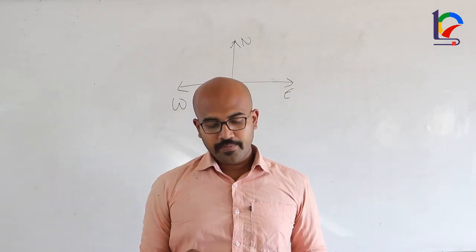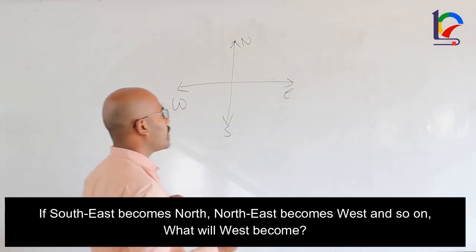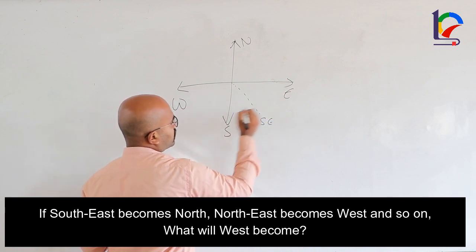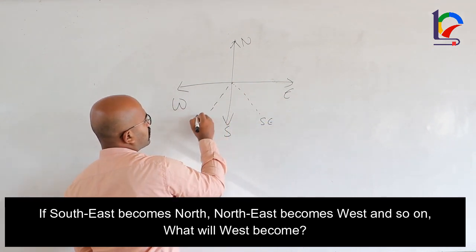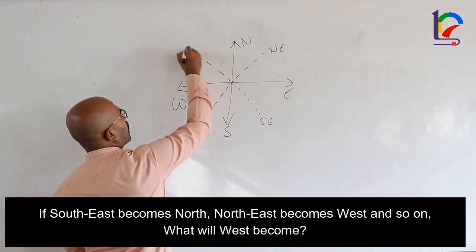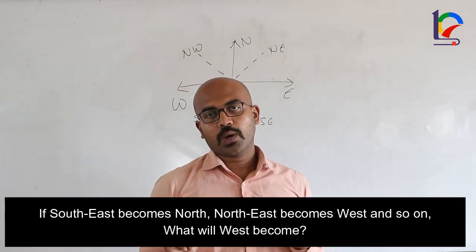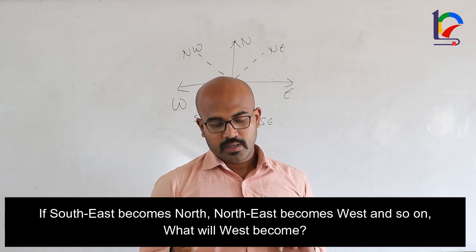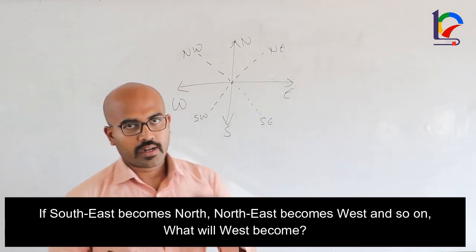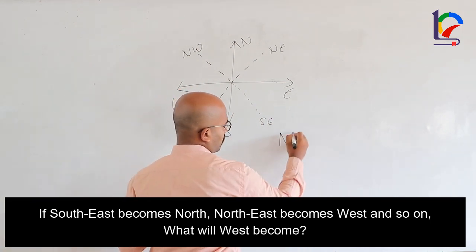Moving on to the next one. If southeast becomes north, actually this is southeast, this is southwest, northeast and northwest. What they have given is, if southeast becomes north, northeast becomes west, and so on. According to the first condition, southeast becomes north.